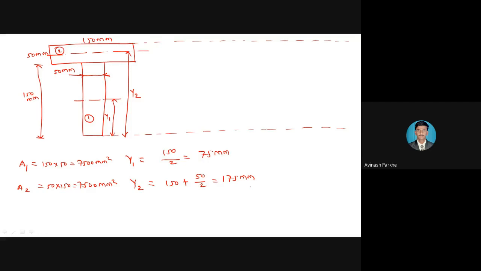Okay, so this is the 175 mm. Now please tell me y bar. Simple formula: A1 y1 plus A2 y2 divided by A1 plus A2. Tell me the y bar. This y bar we have to locate on the figure as a position of neutral axis. So I will draw the neutral axis.